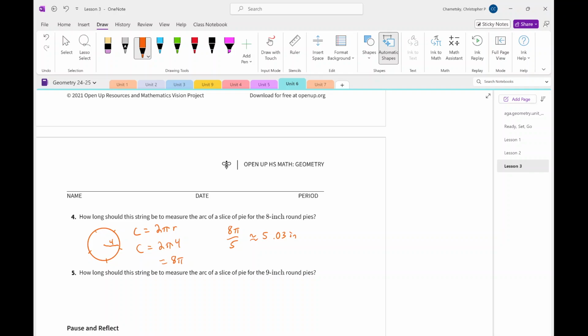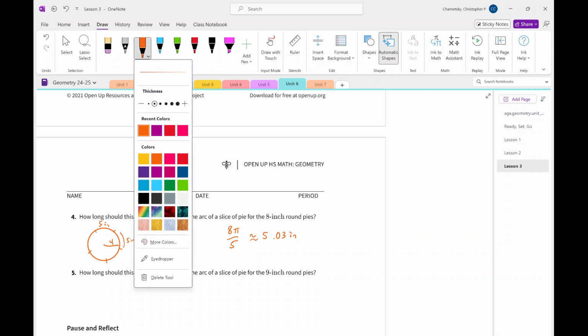That's how far each length is, going all the way around. And that's how you could tell how to divide it. Try that with the 9-inch pie. So pause that, see if you can do the same thing, but for the 9-inch pie.